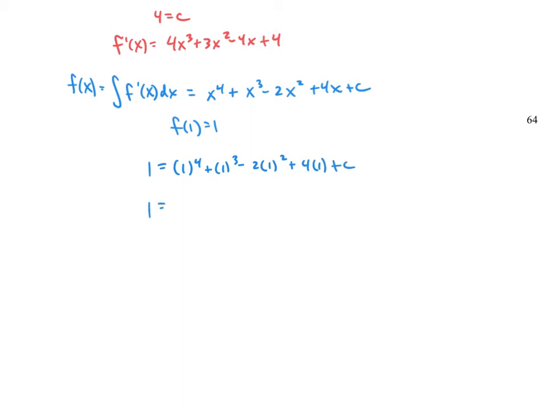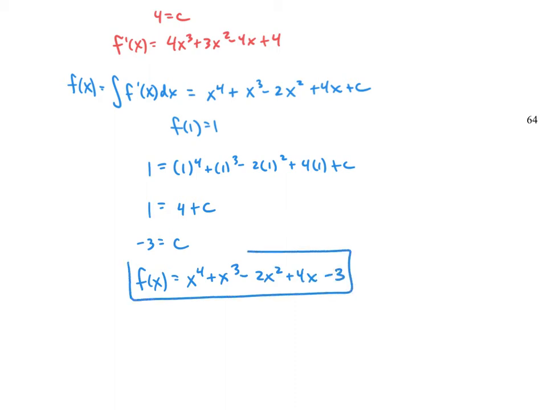And this gives us over on the right side the 1 plus 1 minus 2 cancels, so we get 4 plus c. And we can solve for c to get -3. So our equation for f of x is x to the 4th plus x cubed minus 2x squared plus 4x minus 3. Okay, let's move on to the next page.